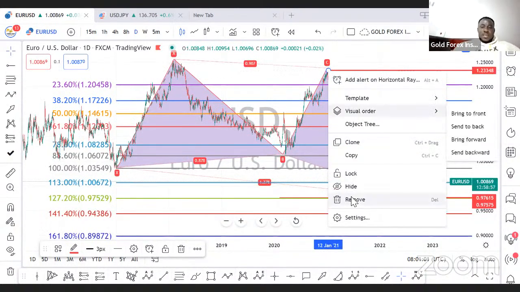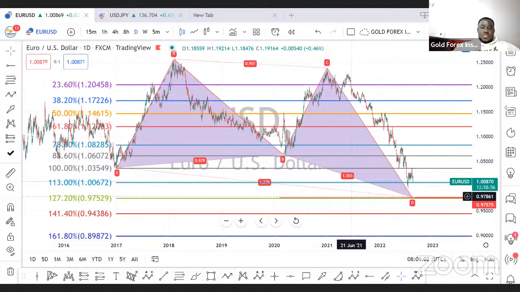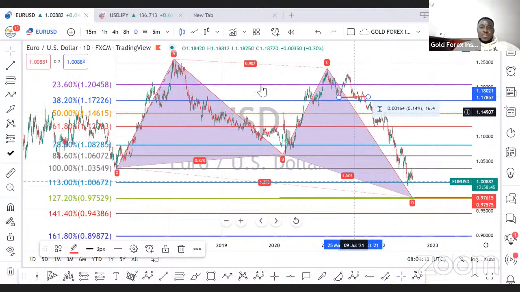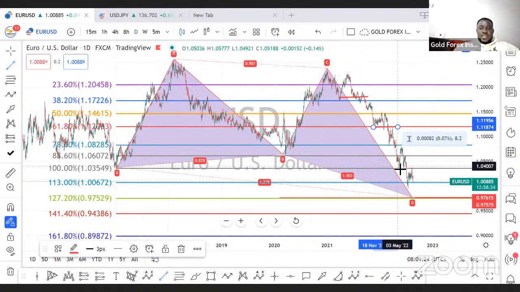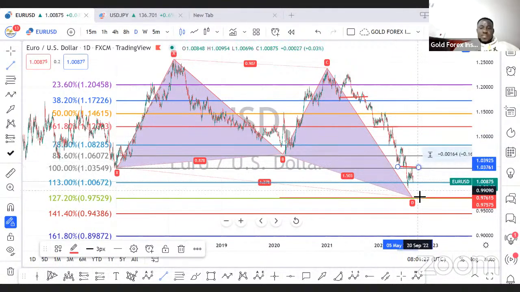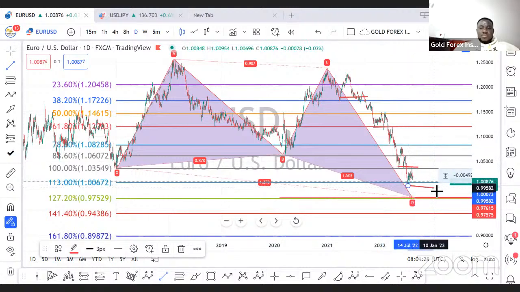But what I'm going to say is that with Euro USD, it should be sold by us till it gets here. We are going to see a very good buy here. There were so many breaks over here. Now, if this one should break, that means it's going to sell all the way to this level.